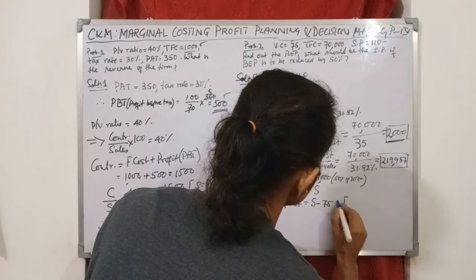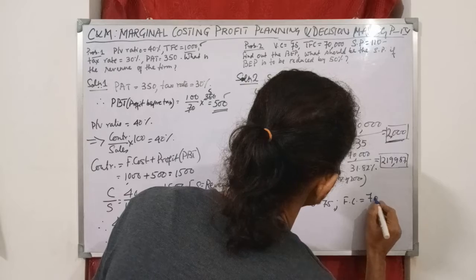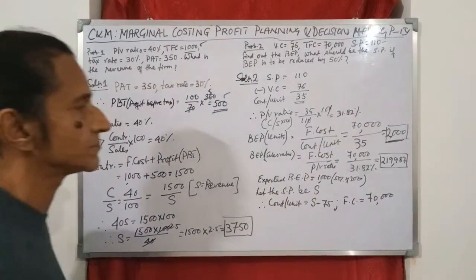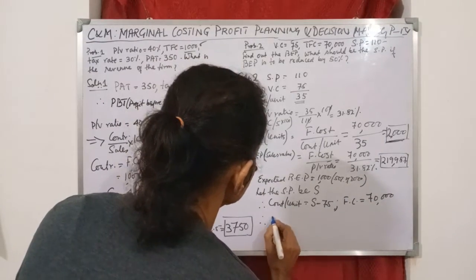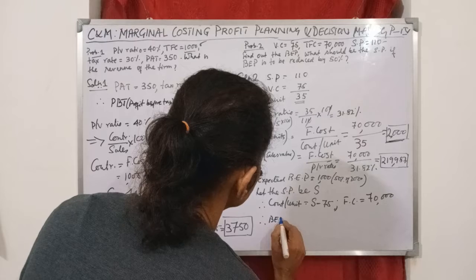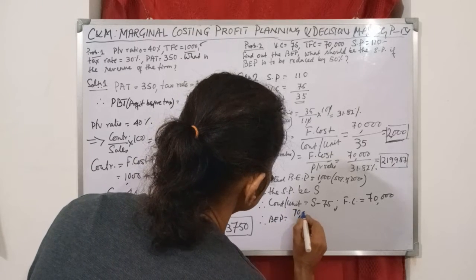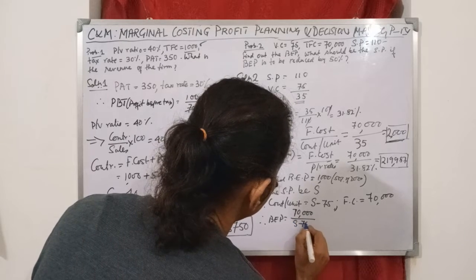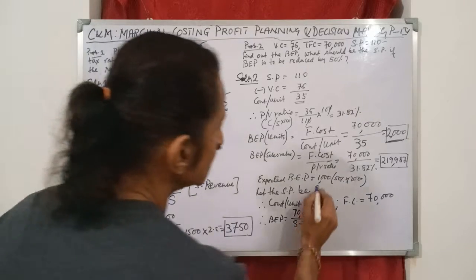Now fixed cost is equal to 70,000. This is also not changing. Therefore, BP equals 70,000 divided by S minus 75, that will be equal to 1,000.